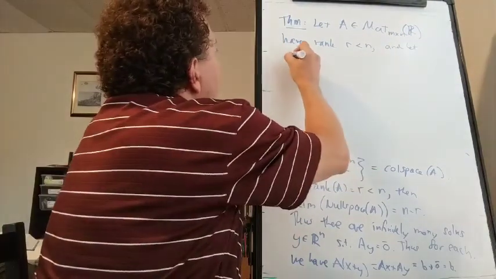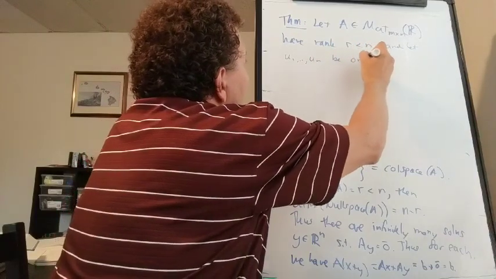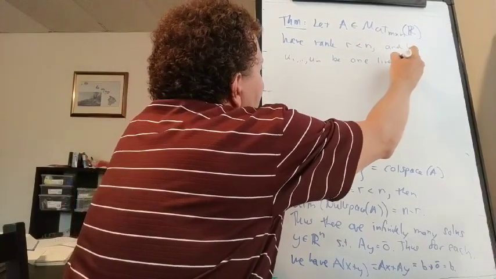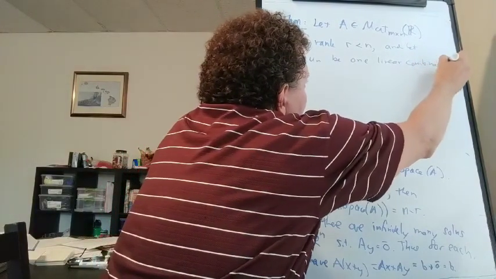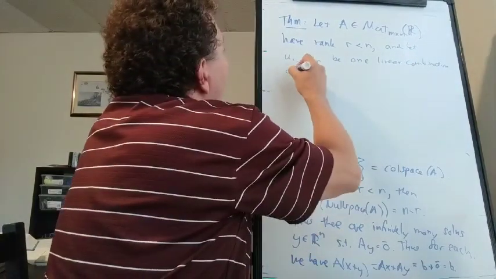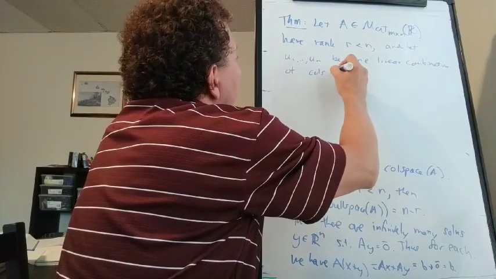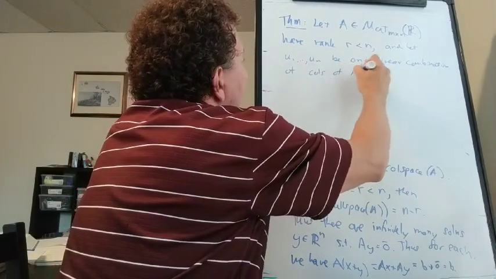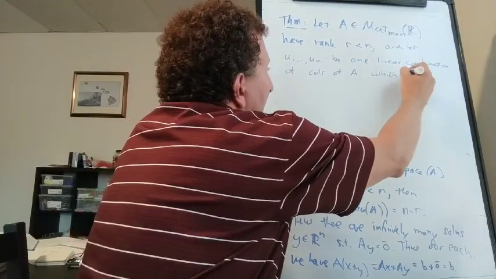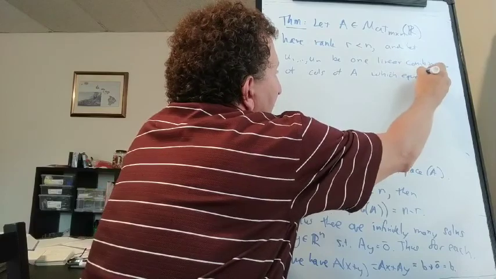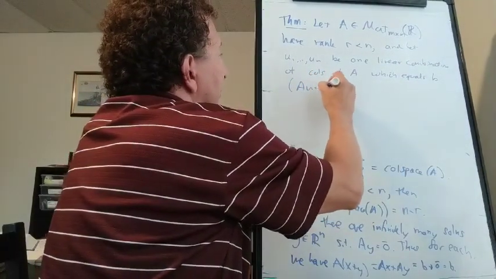And let's let u1 through un be one linear combination of the columns of A which equals B. So I'm just saying AU equals B.